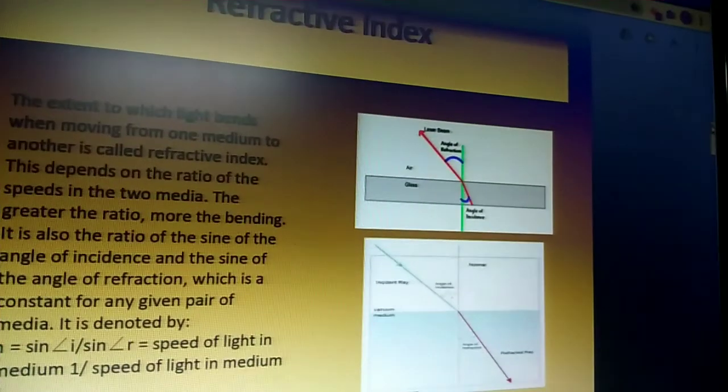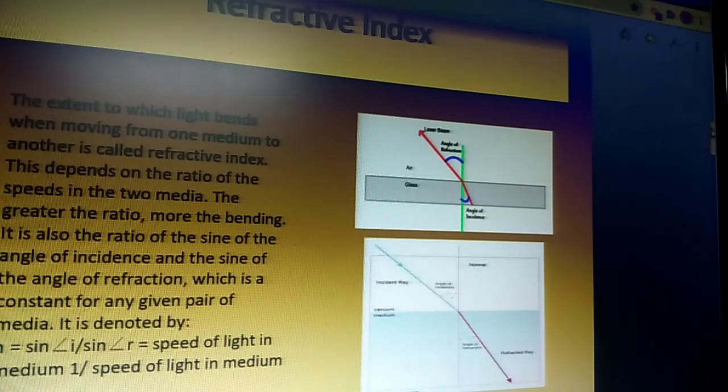Now, as already discussed, what is a refractive index? It is nothing but the extent to which light bends when moving from one medium to another. Mathematically, it depends upon the ratio of the speeds with which light travels in the two media.